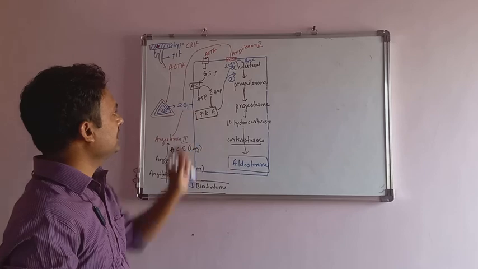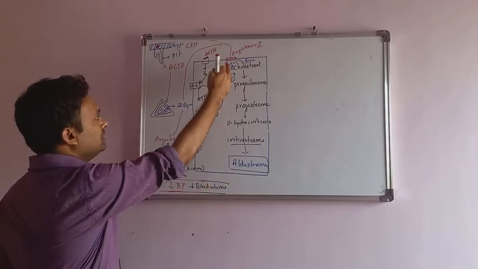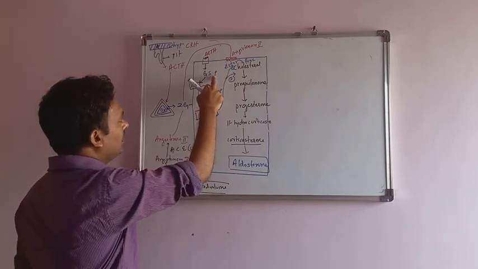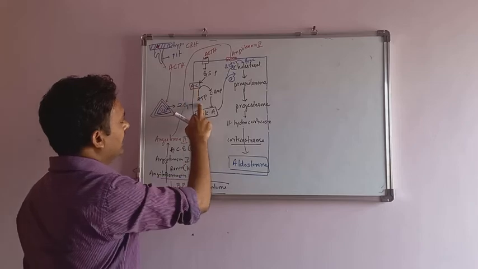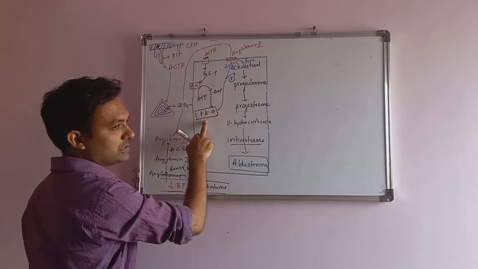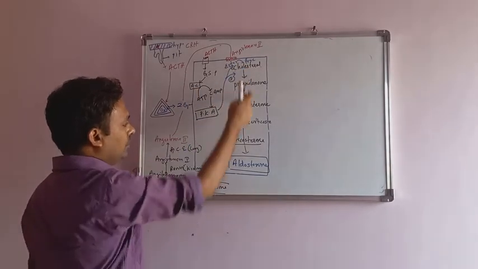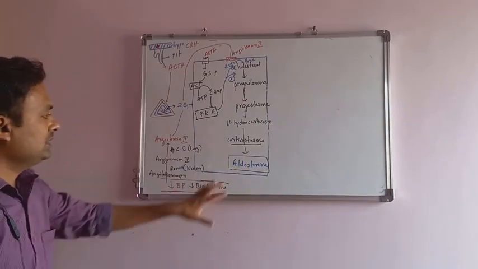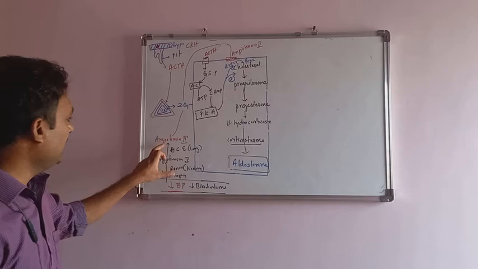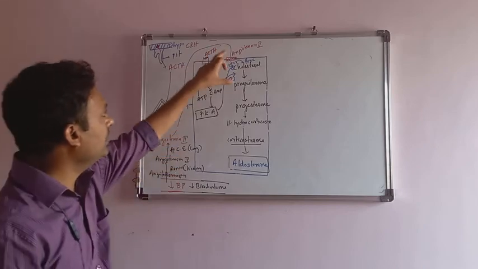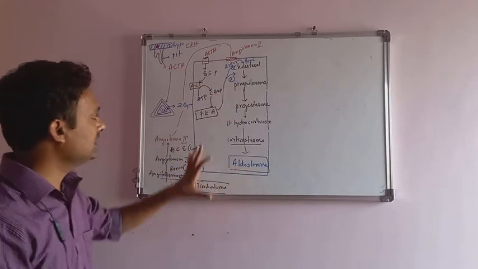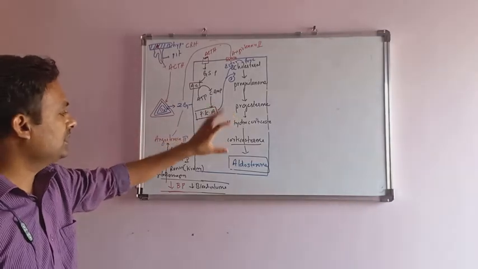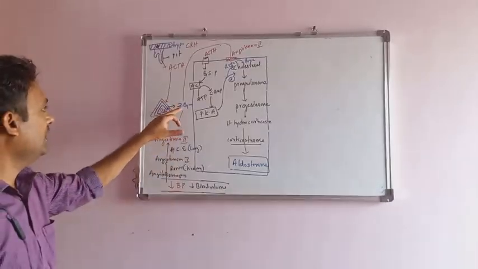As it acts on the cell, again the same procedure: it will stimulate the G stimulatory protein, adenyl cyclase, then ATP into cyclic AMP. Then there is a production of protein kinase A, and ultimately there is synthesis of aldosterone. Everything is the same, but this angiotensin induced production of aldosterone is the strongest stimulation of aldosterone synthesis in the zona glomerulosa cell.